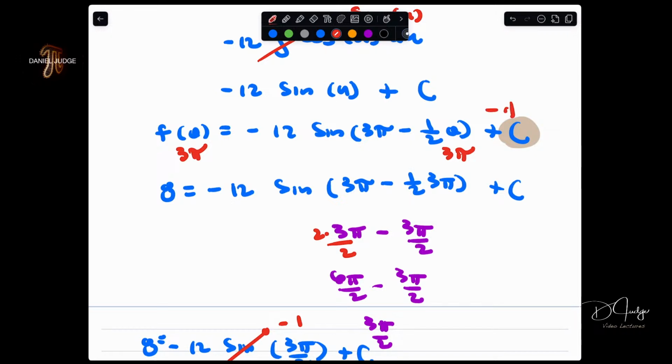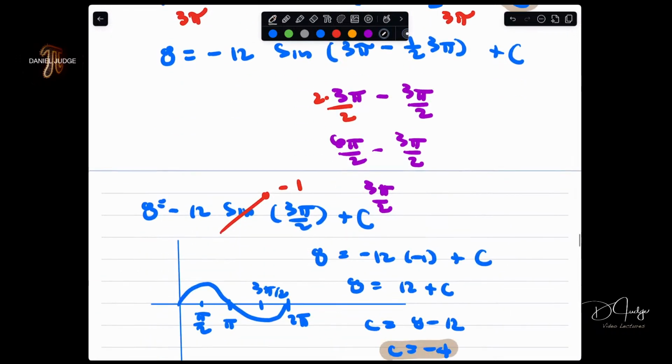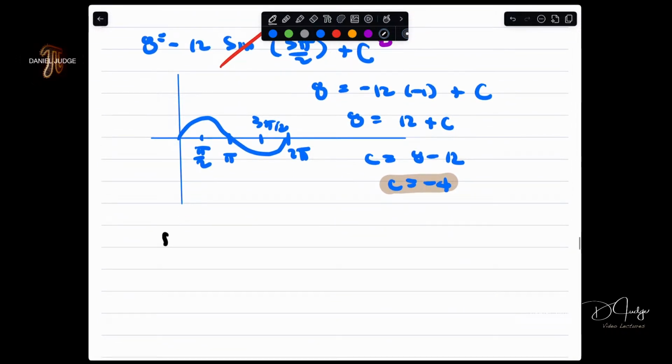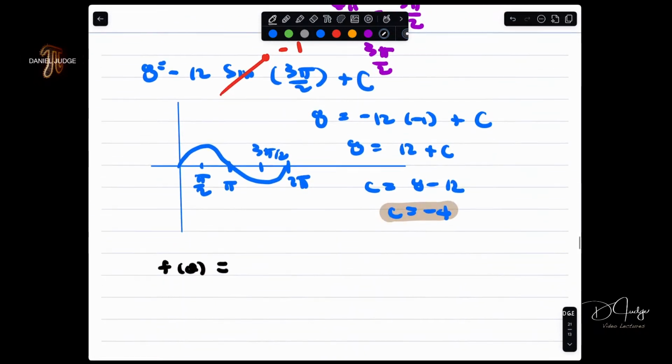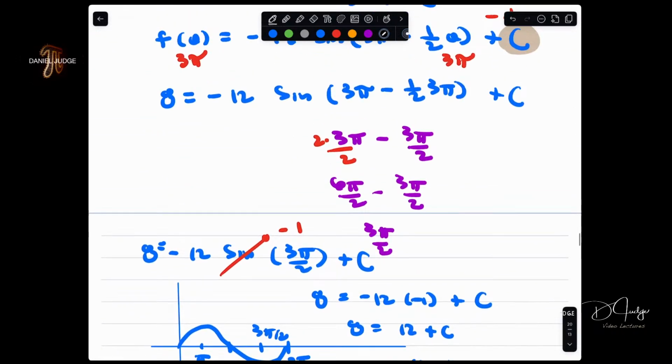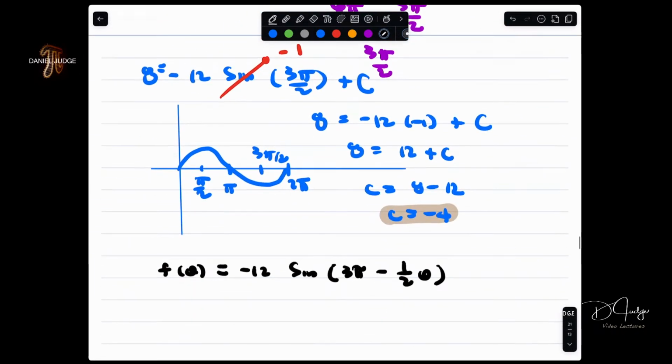Negative 4. Okay. F of theta equals negative 12 sine 3 pi minus 1/2 theta, and this will be minus 4.